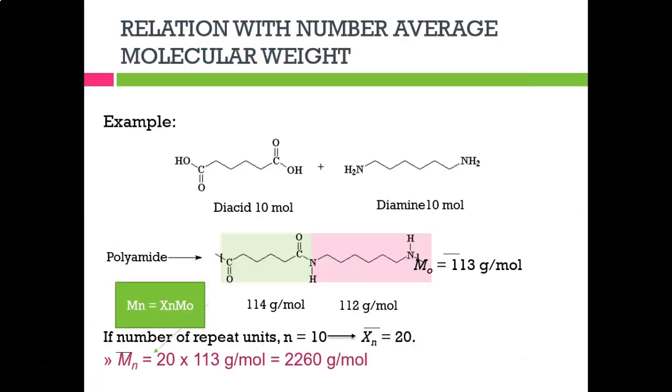Here is an example of a question to relate the number average molecular weight. Okay, for example, we have monomers of diacid and diamine to produce polyamide.